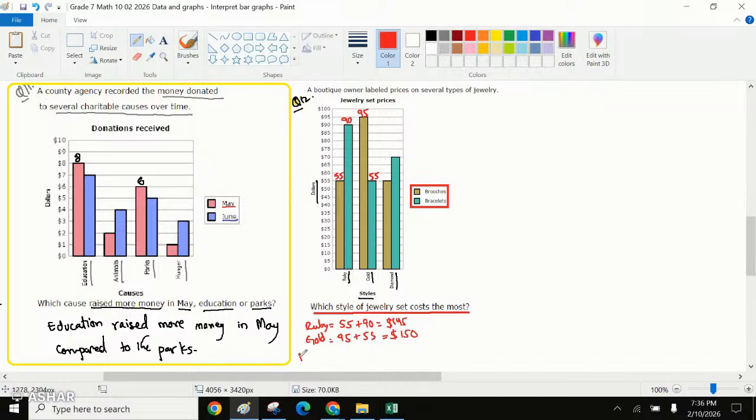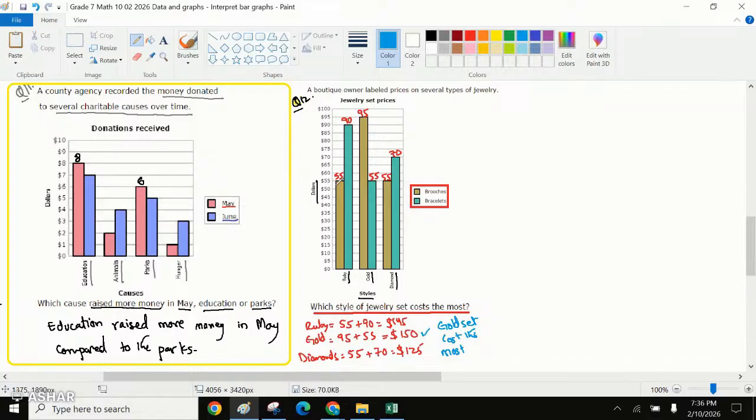And diamonds would be, how much is diamond? 55 and 70, right? Dollars 125. So we can say that gold set cost the most, right? Because it has the highest value.